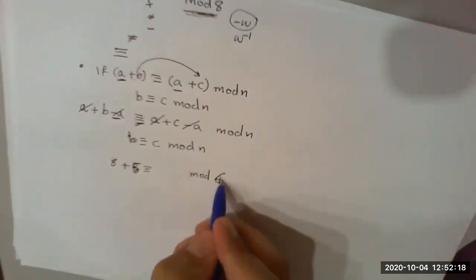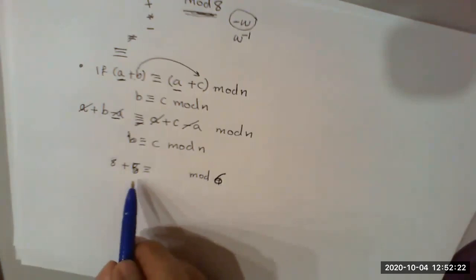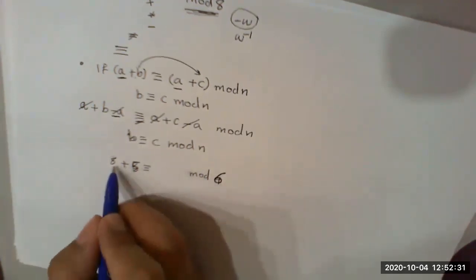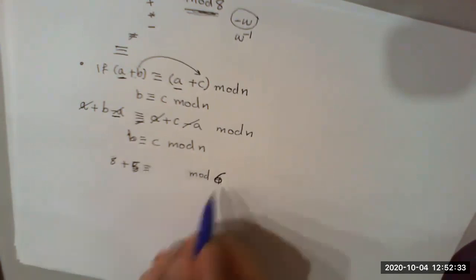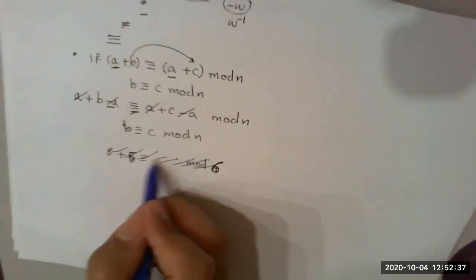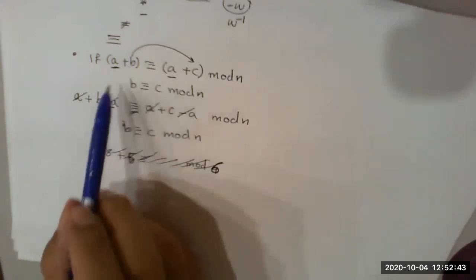What about 6? 2 multiplied by 6 is 12, and this is leading to 13. So I have 1, but I cannot add 5. Let me get rid of this.